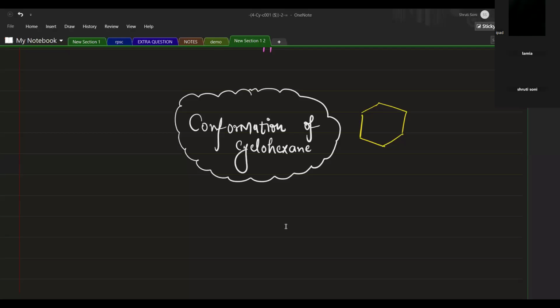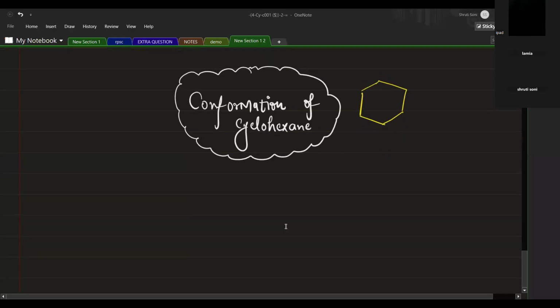Okay. So now we'll make a structure of cyclohexane. Okay.